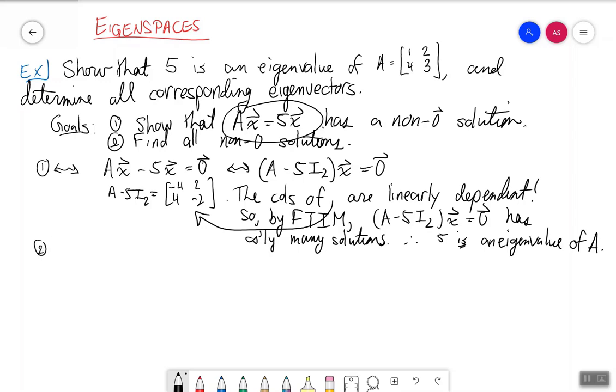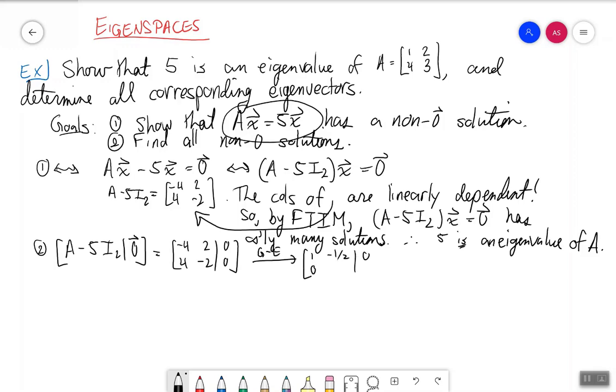Well, what we need to do is look at the system of equations with this augmented matrix. This augmented matrix is just minus 4, 2, 4, minus 2, with the zeros here, and we can row reduce, using Gaussian elimination, to 1, minus 1/2, 0, 0, 0, 0.